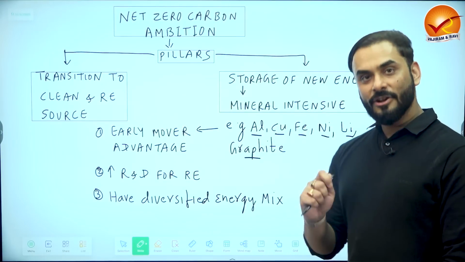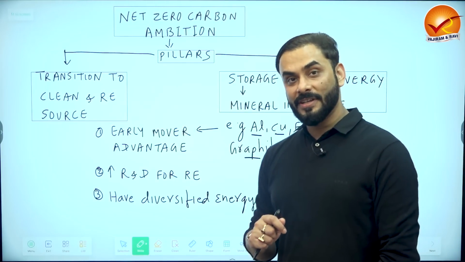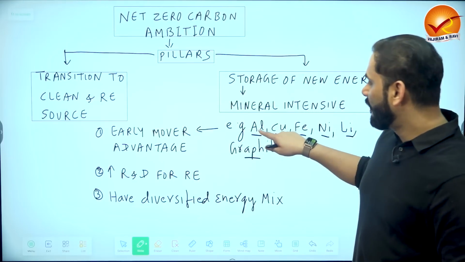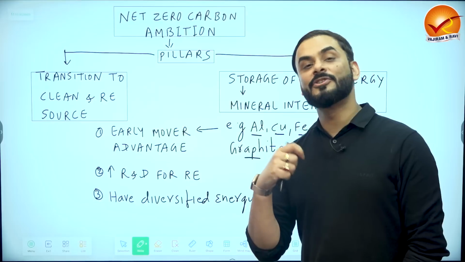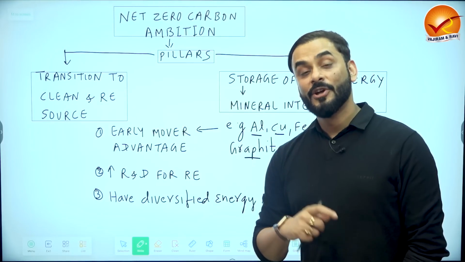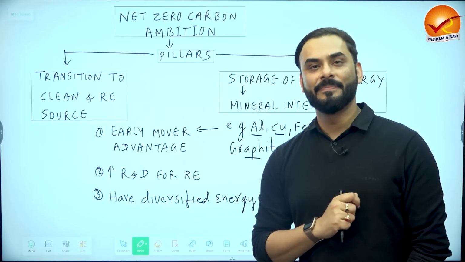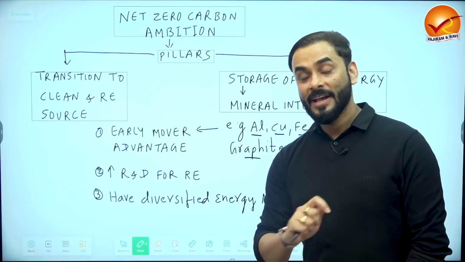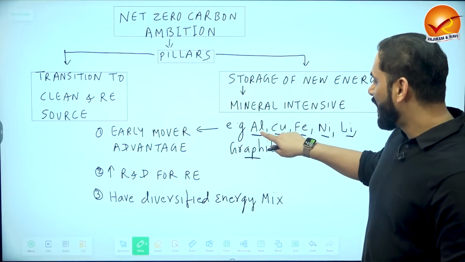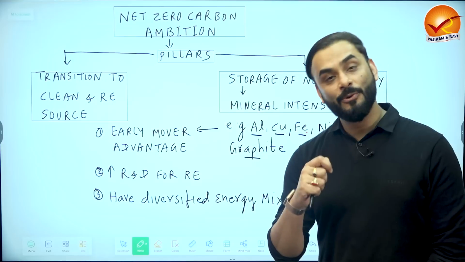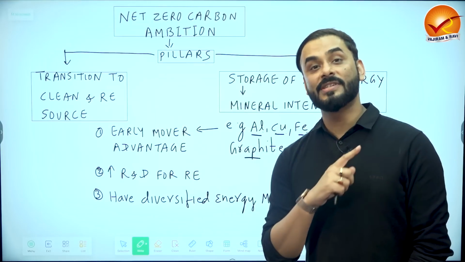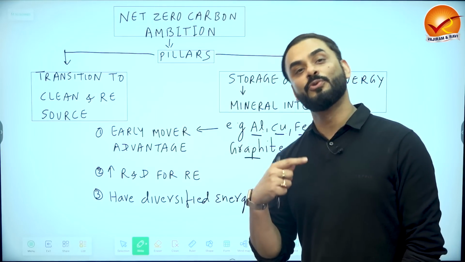Now, in the economic survey, they have made a very interesting point. They have said that if you try to move towards cleaner power like solar energy or wind energy, you must not delay it. Because if you delay more, minerals like aluminum, copper, iron, nickel, lithium and graphite will slowly become very costly in the world, because every country in the world is trying to do the same thing.